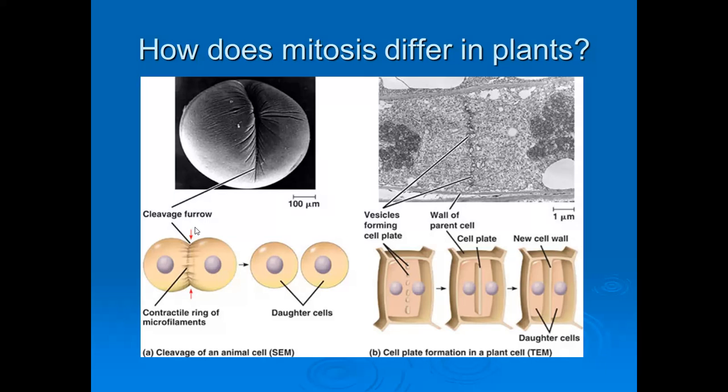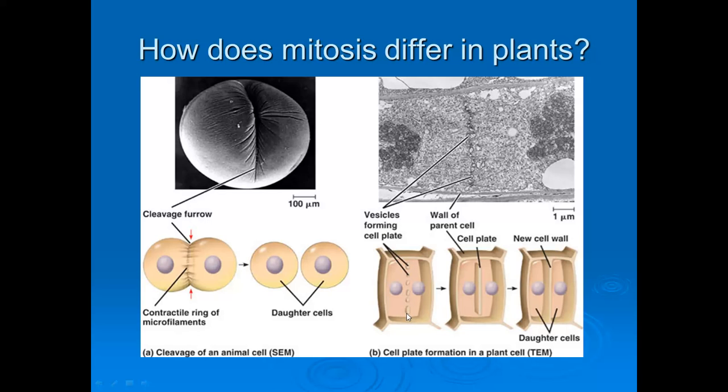Not as easy in a plant cell because after anaphase, you need to make actually new cell wall. So what happens here, taking what we've learned early in the year, you have carbohydrate rich vesicles form a row at the center of the cell, right at the metaphase plate or the equatorial plane. These vesicles fuse together, and an early cell plate begins to form.